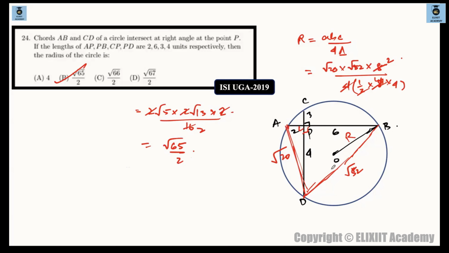Now the shortcut to solve this. Remember this shortcut, a very useful shortcut taught in circles. I think you don't know this shortcut. Basically this is taught in geometry.